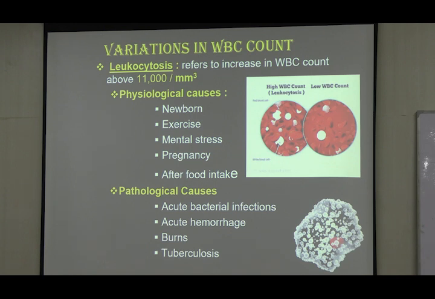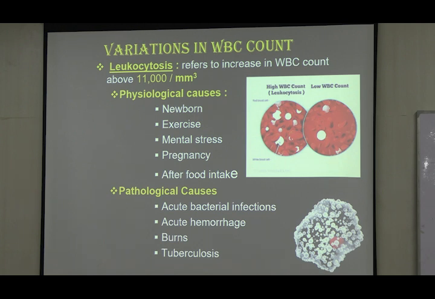Another common word is pancytopenia. Meaning what? In some diseases of the bone marrow, because bone marrow is the responsible site for producing all types of blood cells except lymphocytes, all the cell varieties will be reduced.